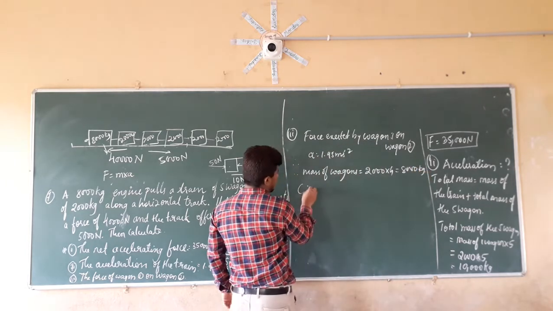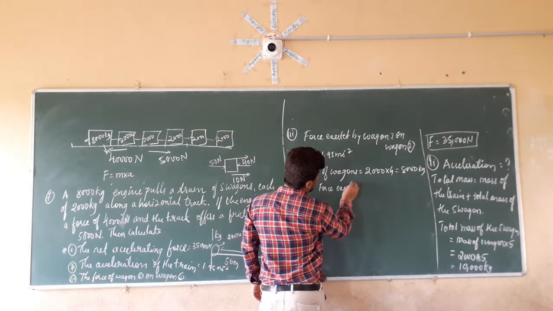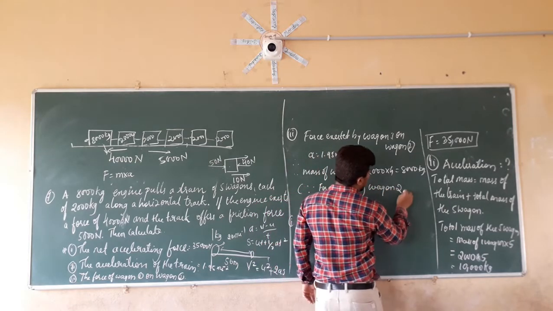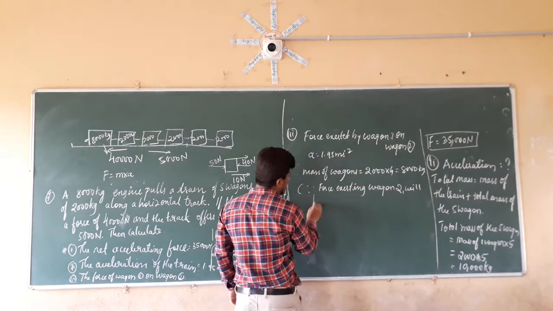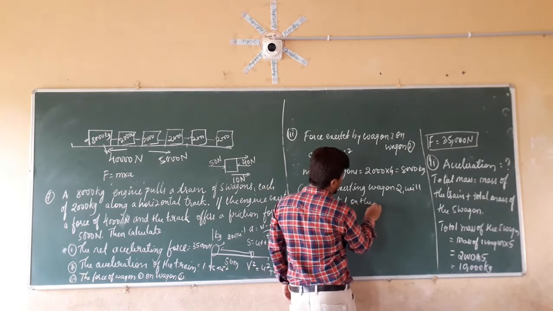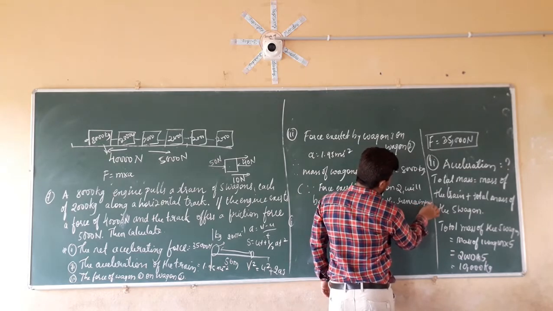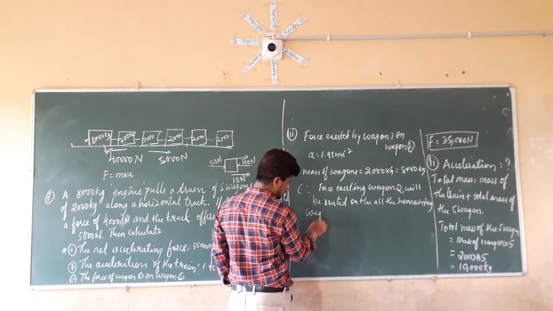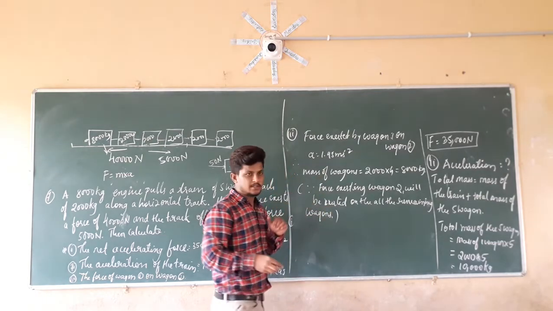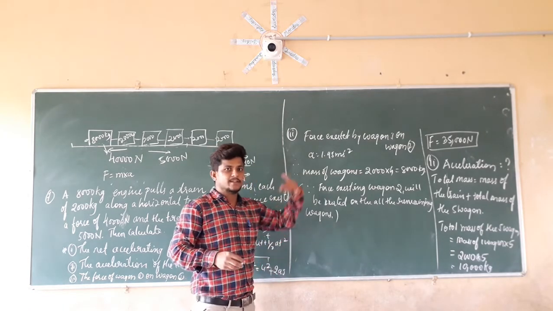Why? Since the force exerted on vehicle 2 will be exerted on all the remaining vehicles, we are going to take the mass of all the four remaining vehicles, excluding the first vehicle, since it is going to exert force on those things.